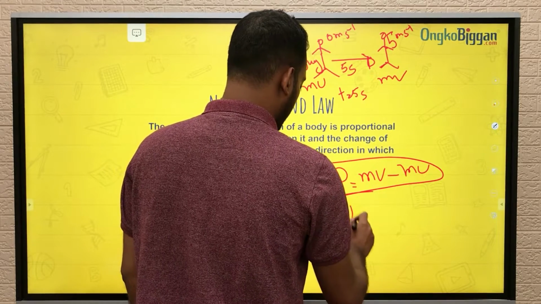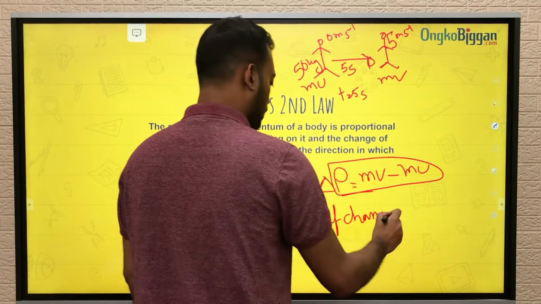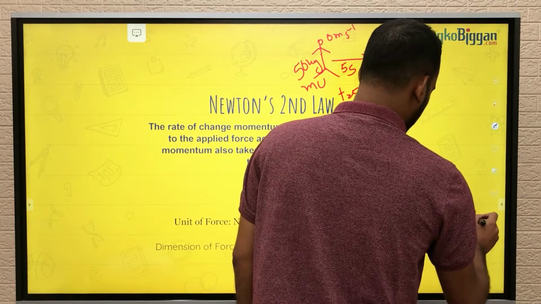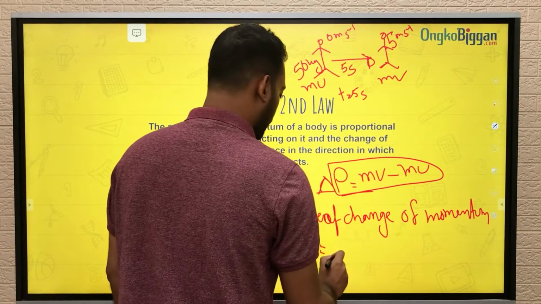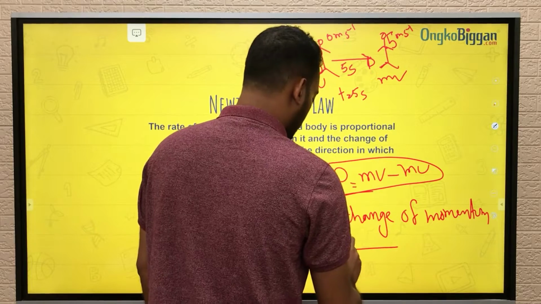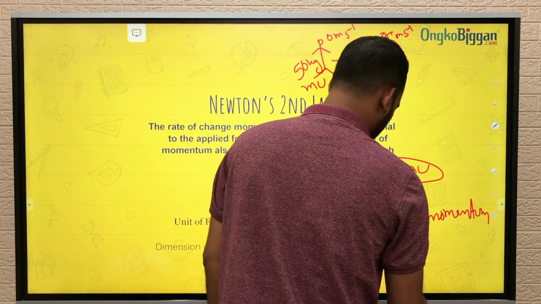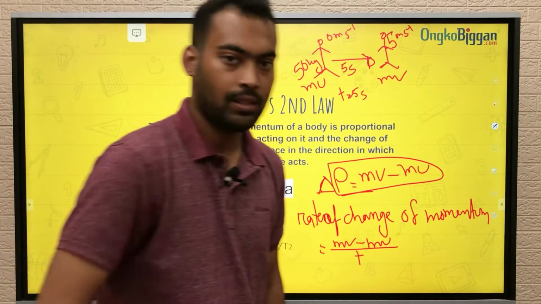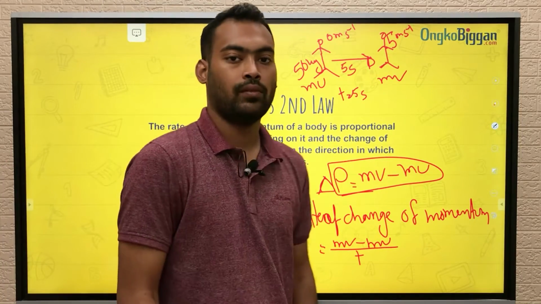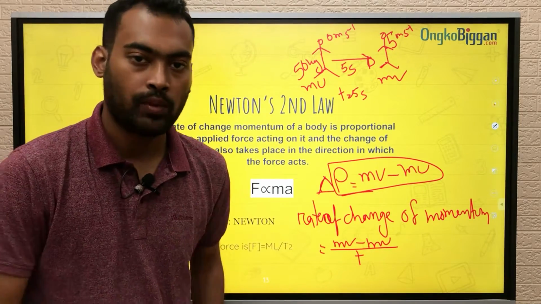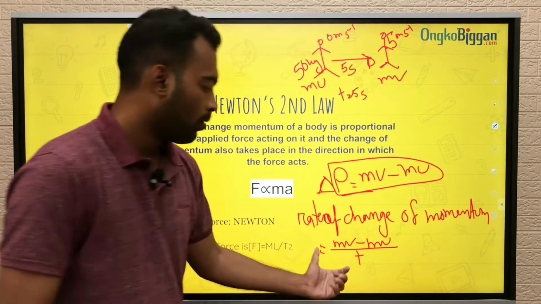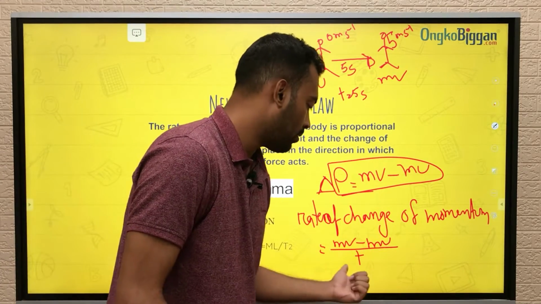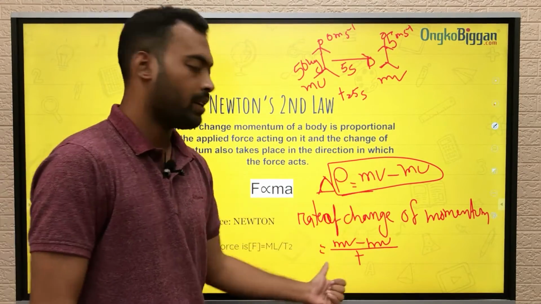Rate of change of momentum is equal to mv minus mu divided by t. Because whenever we are talking about the rate of change of anything, that means time is involved. With respect to time, we are finding out the change. So rate of change of momentum is equal to mv minus mu, which is the change of momentum, divided by t.